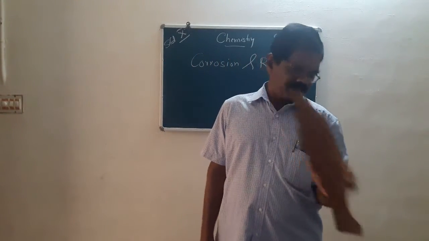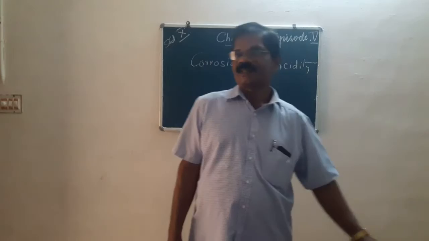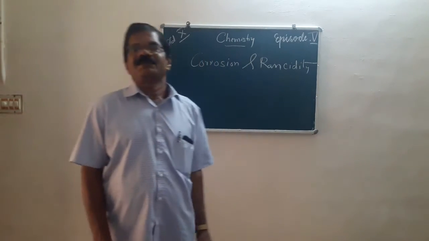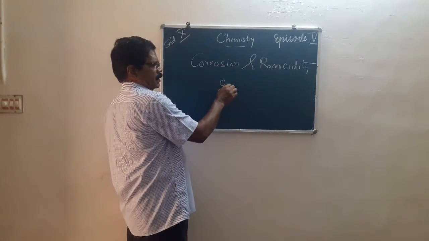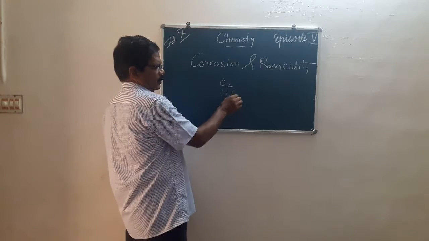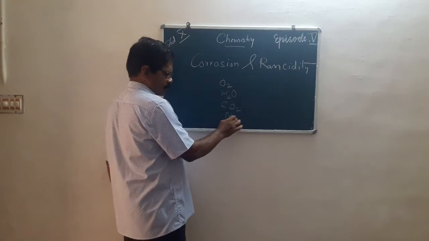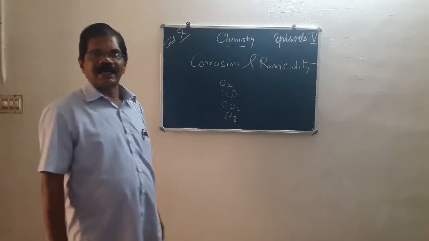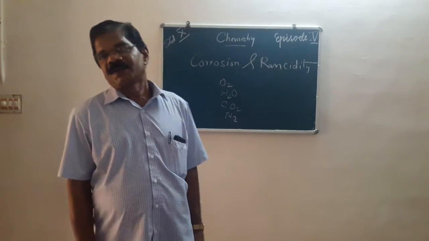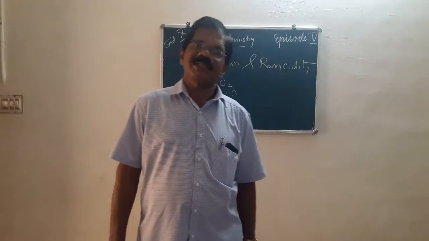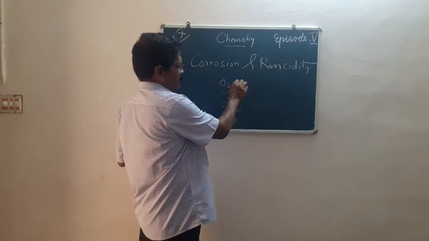Now we want to know how corrosion takes place. We all know that the atmosphere contains oxygen, water vapor, carbon dioxide, nitrogen, hydrogen and other gases, and at the same time a number of polluting gases from the industries.